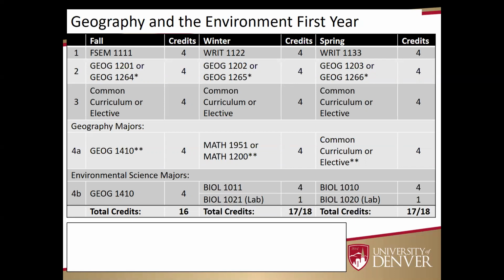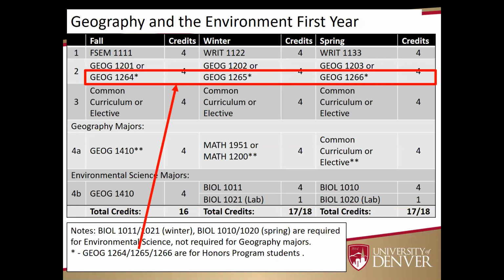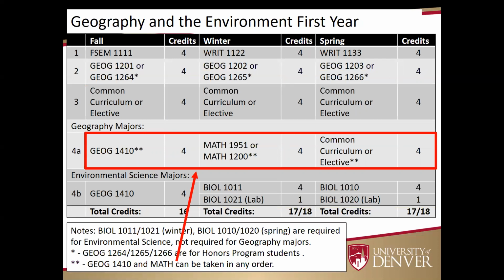And your fourth course would be, if you're a geography major, you have options. Just a minute, I'm going to come down here. So you have some options. In the first year, if you are a geography major, you need to take Geography 1410, which is people, places, and landscapes.